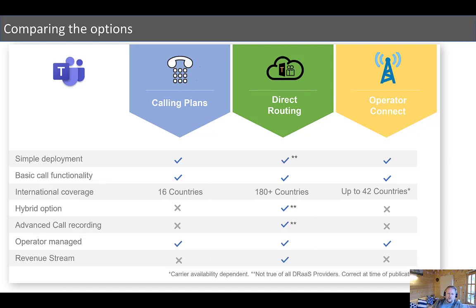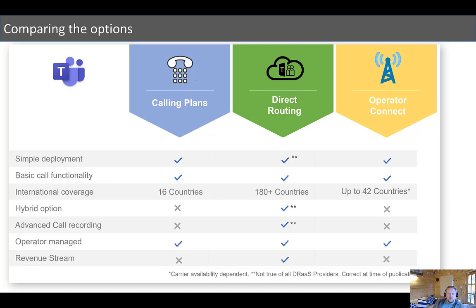So with hybrid options, someone might have an existing call center where they had agents answering calls, but then be able to pass them straight into Microsoft Teams to another set of users without having to have any external breakout, using direct routing to bring that traffic into Microsoft Teams as if it was a call within the same phone system.